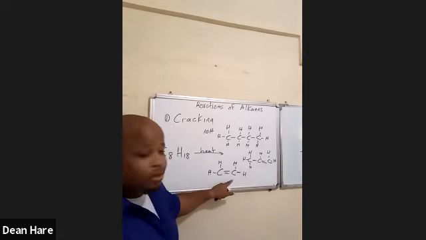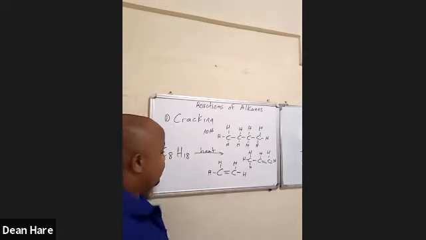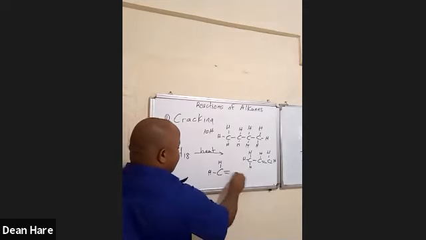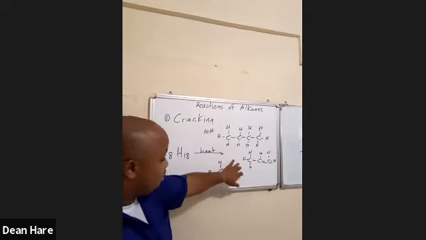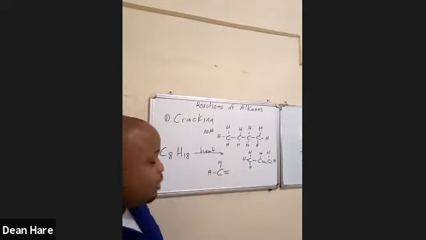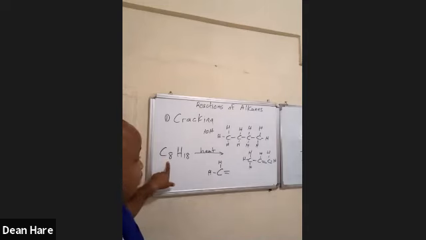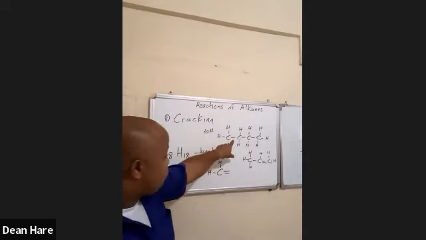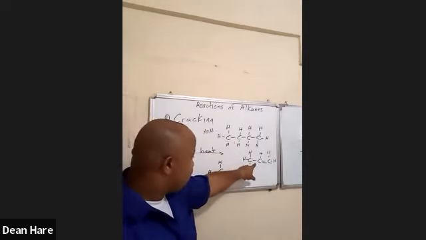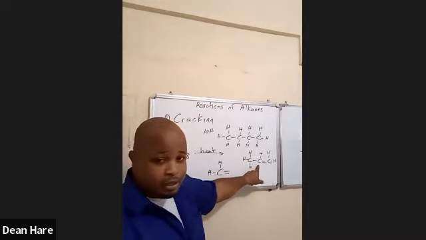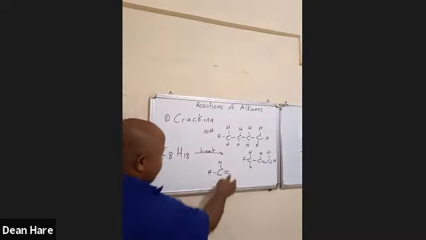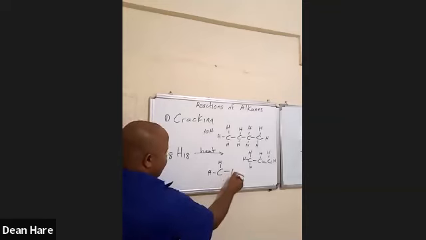Because at this point, we have way too much hydrogens. So remember, when you're drawing your structures or even if you're using the molecular formula, you must get back the same amount of hydrogens and carbons. If you use 4 carbons first, and then 3, 4 and 3, 7, that means you only have 1 carbon remaining.